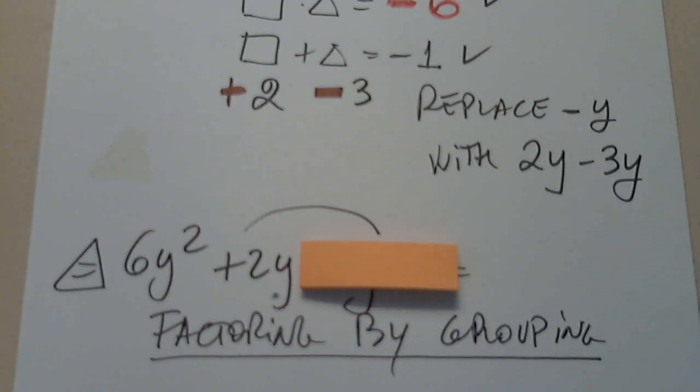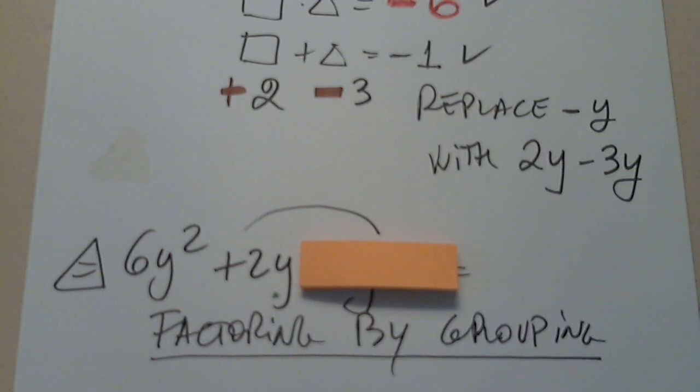What is common to both? What is common to 6y squared and 2y?